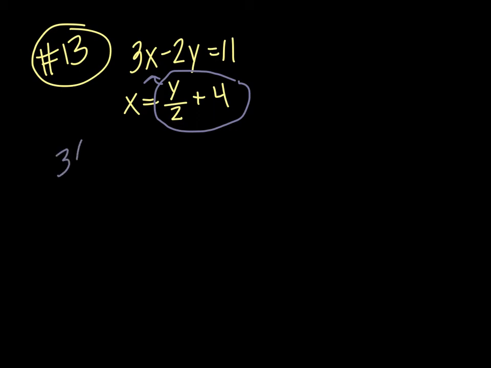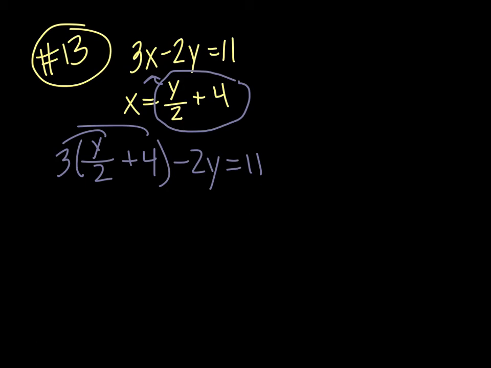So 3 times y over 2 plus 4 minus 2y equals 11. So distribute that 3 in there. And remember, that y, guys, even though you can't see it, there is a 1 in front of there. So it's 1y.